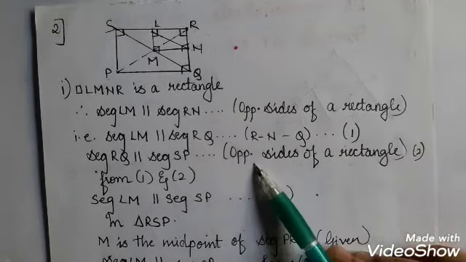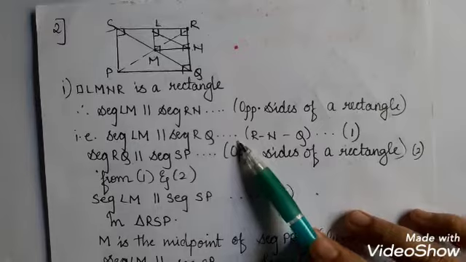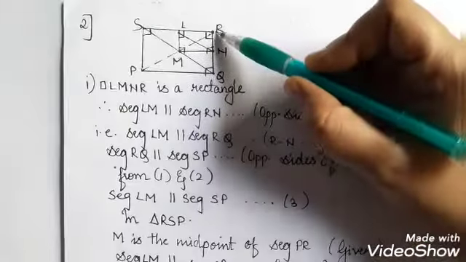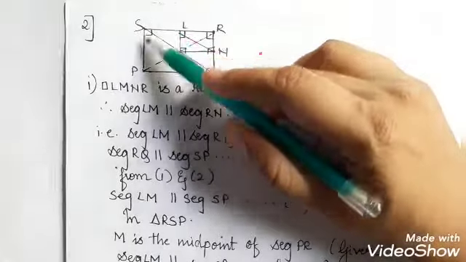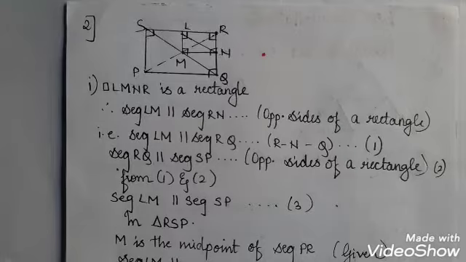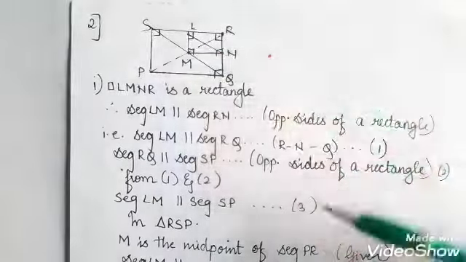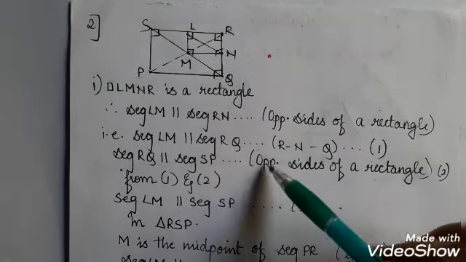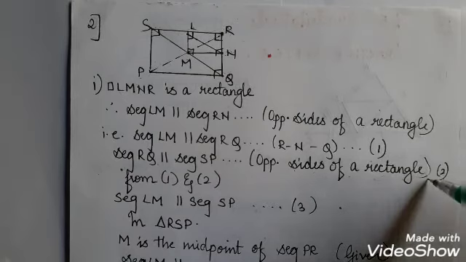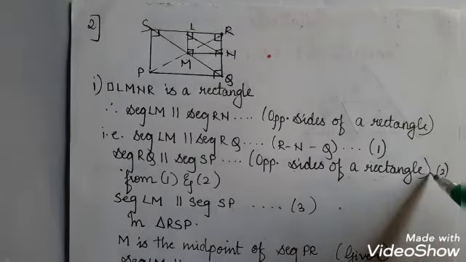Next, in the rectangle PQRS, QR is parallel to SP. That is, opposite sides of the rectangle are parallel. That is equation 2.